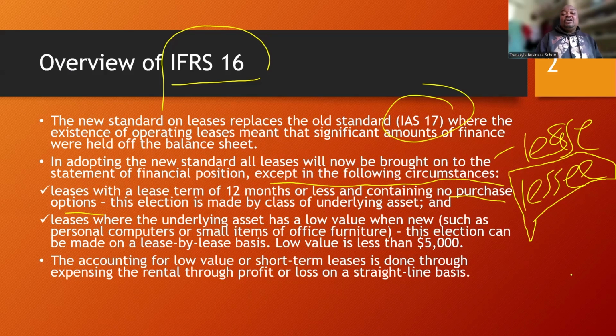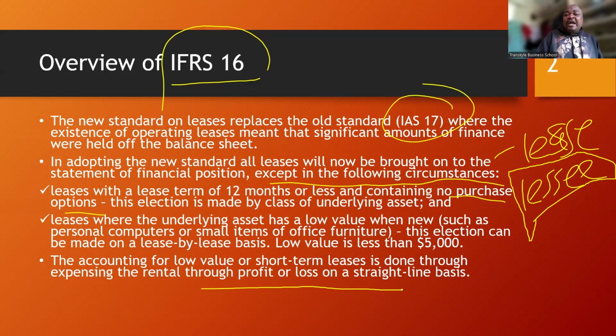So you are only required to expense the rentals to the profit or loss on a straight line basis. What is a straight line basis? We are simply saying that you are going to charge the same amount at every year end to your statement of profit or loss, the rental expense. You are going to expense it to the P&L. Isn't it so easy? Very easy for low value items.